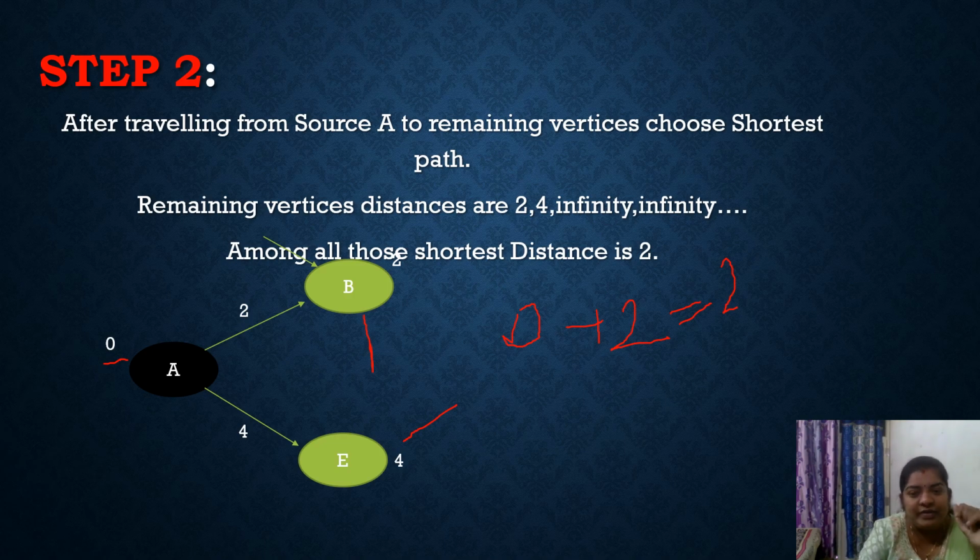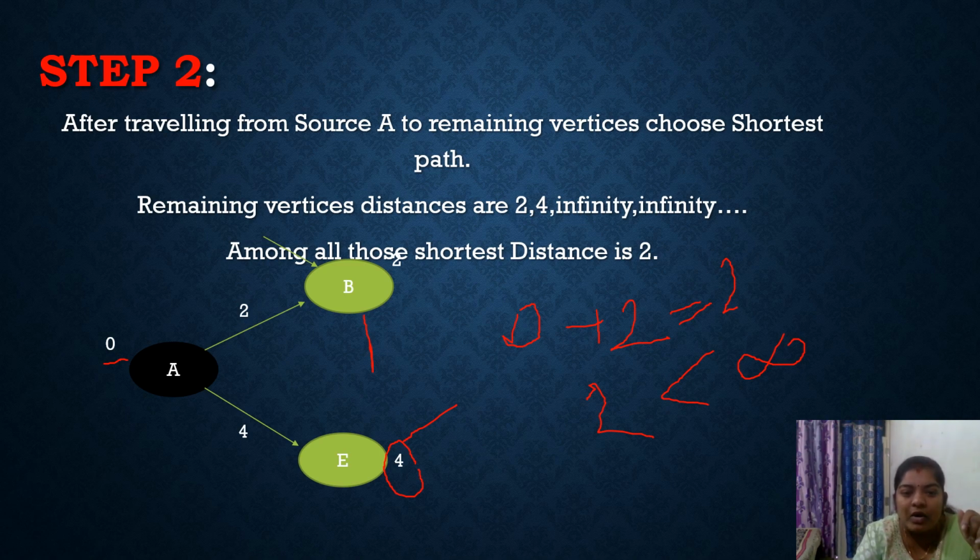Existing is infinity. So here 2 is less than infinity. That's why the infinity is replaced with 2 and here infinity is replaced with 4.